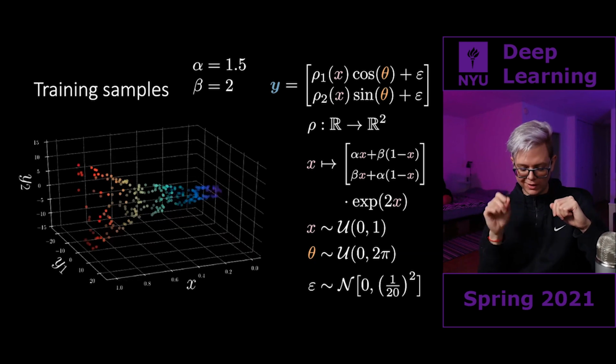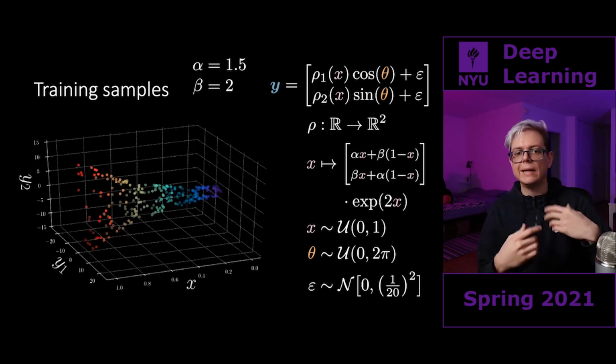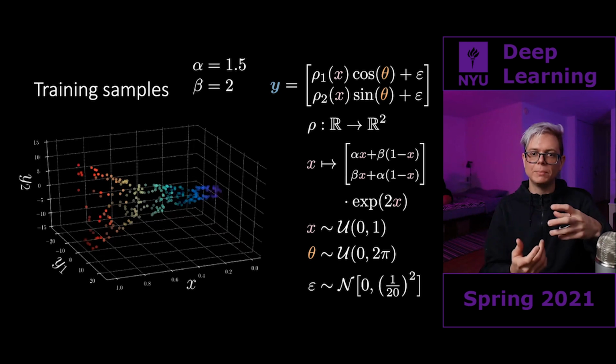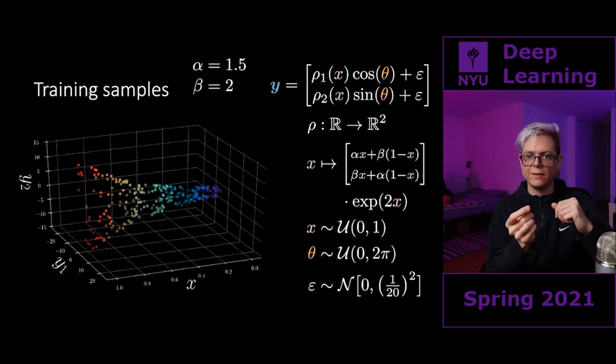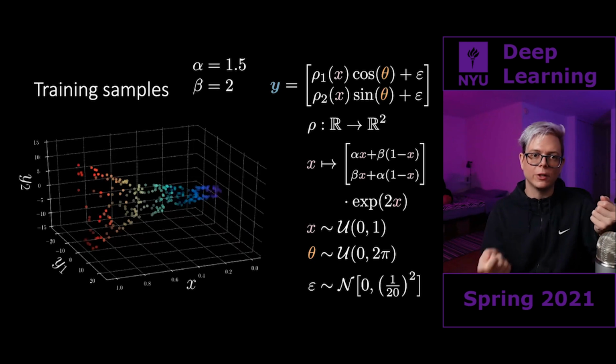So given one x, there are infinitely many ys. In this case those are specific samples, but there is a full ellipse at a given location. And so with a normal neural net, which maps vectors to vectors, we can't really figure out what the correct solution is. What is the correct y that corresponds to my x?